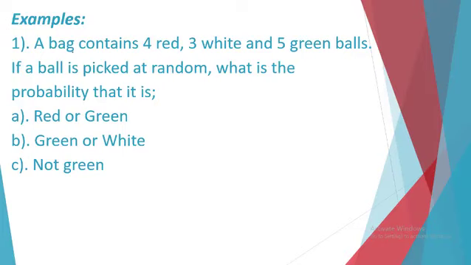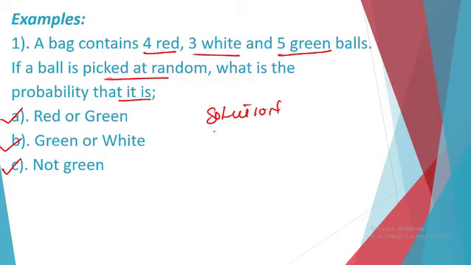Number one, a bag contains 4 red, 3 white, and 5 green balls. If a ball is picked at random, what is the probability that it is A, red or green, B, green or white, C, not green? Okay, let us start. Solution.